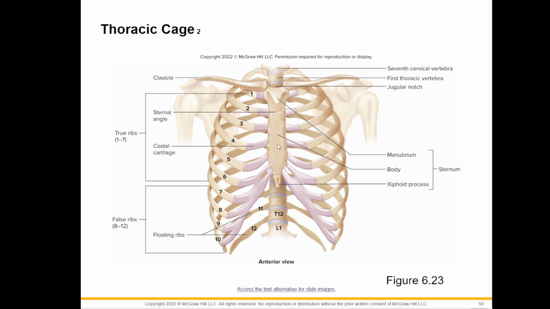Okay. Also, the sternum right here in the middle has several parts. The manubrium, which is this top portion. The body of the sternum, which is the middle portion. And then this small portion at the bottom, which is the xiphoid process. And then what do we call these cartilages?